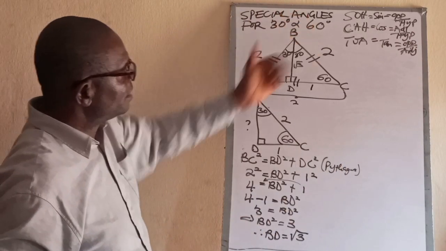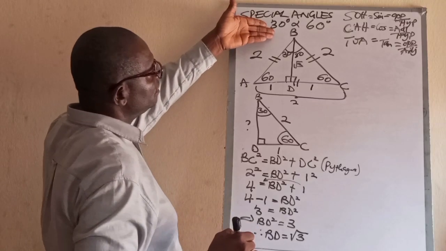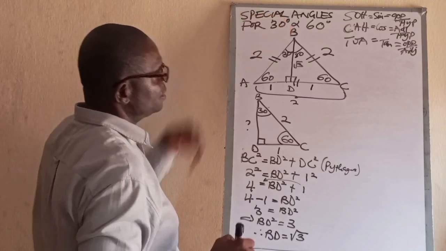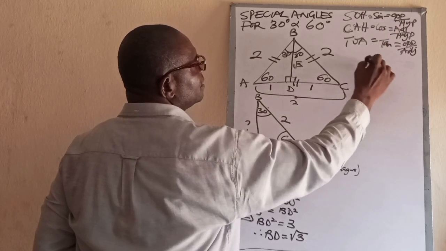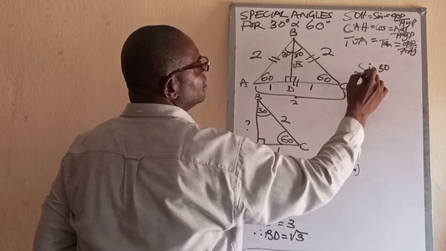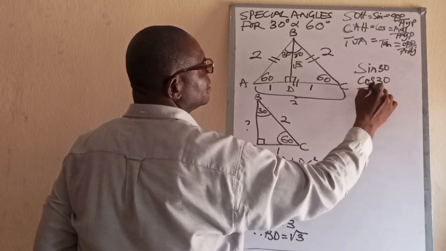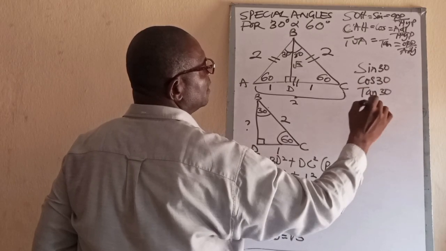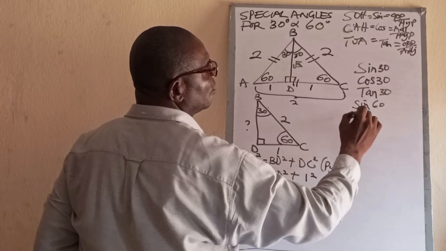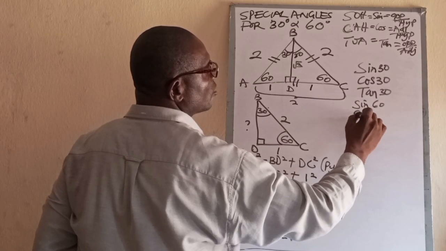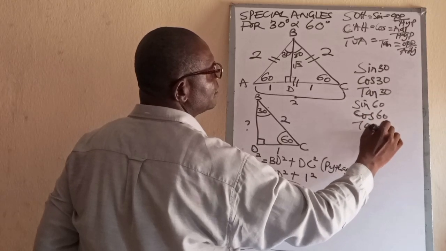That is what we want to use to find the values for 30 and 60. We're looking at sine 30, cos 30, tan 30, and then also sine 60, cos 60, tan 60.